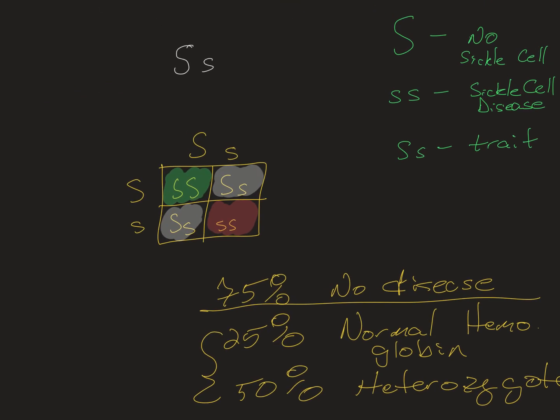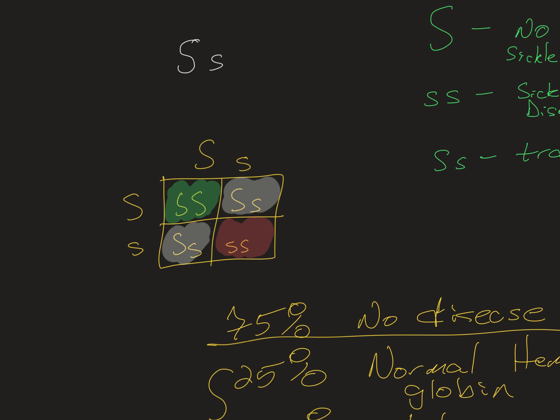So we go back and look at this chart. This is one egg that mom could make. This is another egg that mom can make. This is a sperm that dad can make, and this is another sperm that dad can make. Remember, all of us have 2 copies of every gene, one from mom and one from dad.